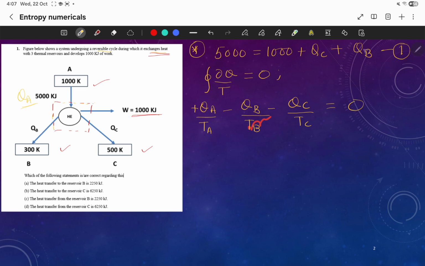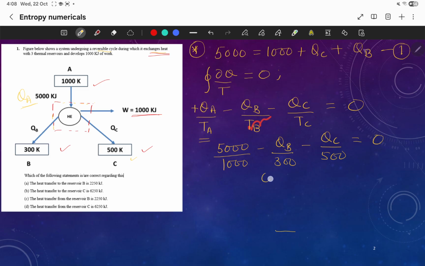We are given the value of QA as 5000 and TA as 1000, so just write the values here: 5000 upon 1000, minus QB upon TB, where TB is 300, plus QC upon TC, where TC is 500, equals 0.